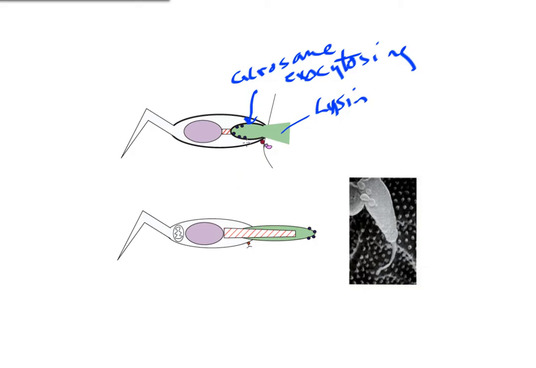Then these bindins, which were on the inside surface of the acrosome, which was a big vesicle that exocytosed, are now, since this membrane is continuous here, on the surface of the plasma membrane of the sperm. And because the pH has gone up, the actin monomers that were in the actin body become actin polymers.